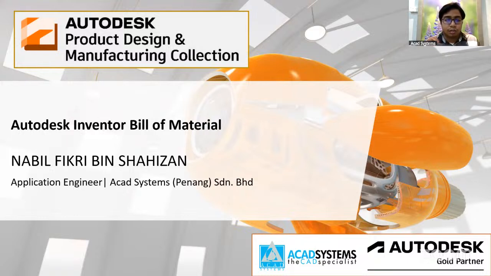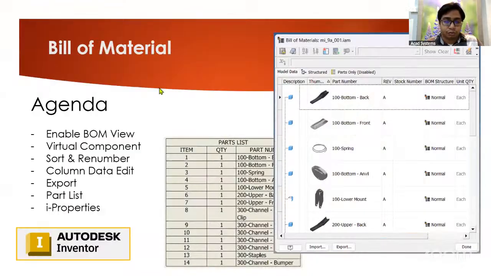So for today's free lesson, I would like to share with you about the Inventor Bill of Materials. If you have used Inventor before, I believe you should be able to notice the bill of material content that you can use. Essentially, there are two parts. One is the bill of material, and the other one is a part list. But the part list is not like a bill of material.